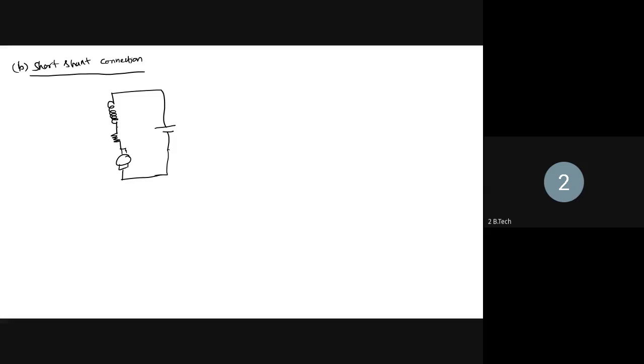And the second connection is the short shunt connection. In short shunt connection, the series field winding and the armature resistance and the armature, we'll give the supply voltage to this one, and the short shunt will be here.